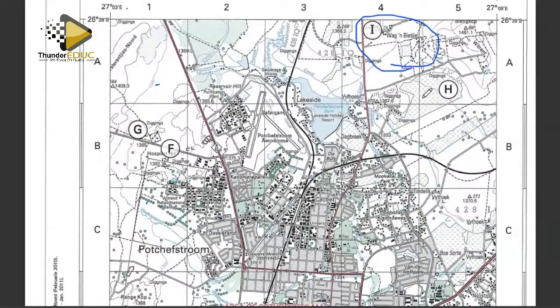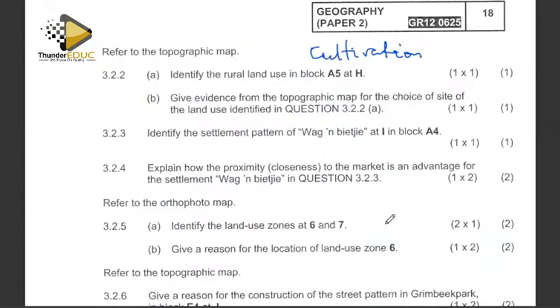What kind of settlement is that? We are seeing that there's a building here, there's another one here, there's another one there, and some other three or so here, some other there, something there. So from the look of things, we can safely conclude that in that particular area the pattern is dispersed. Or we can say it is an isolated pattern.